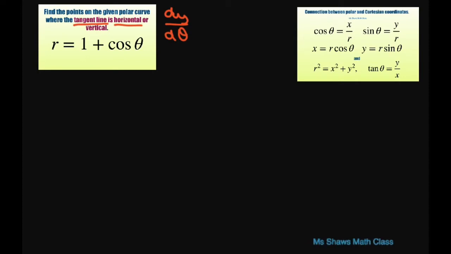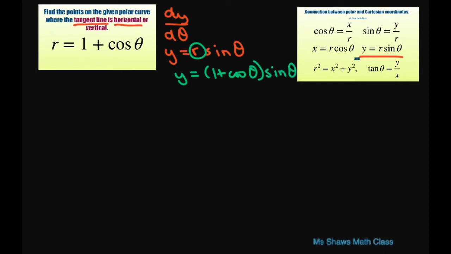So what we need is our y, and our y equals r sine of theta. You substitute in your r and you get y equals 1 plus cosine of theta times sine of theta. So now let's differentiate that, and we're going to get the derivative of y with respect to theta equals, copy this down, 1 plus cosine of theta times the derivative of sine, which is cosine of theta.